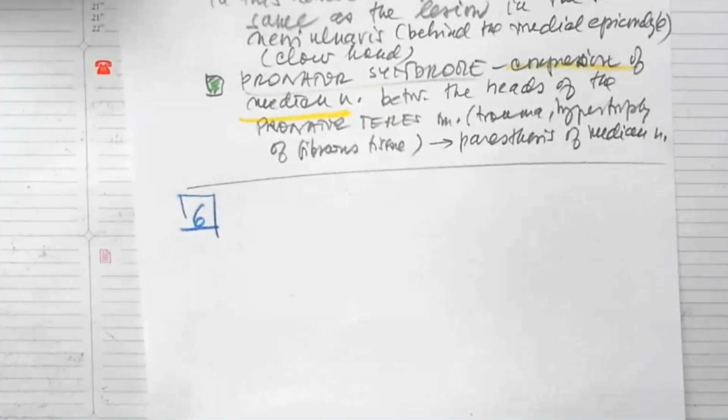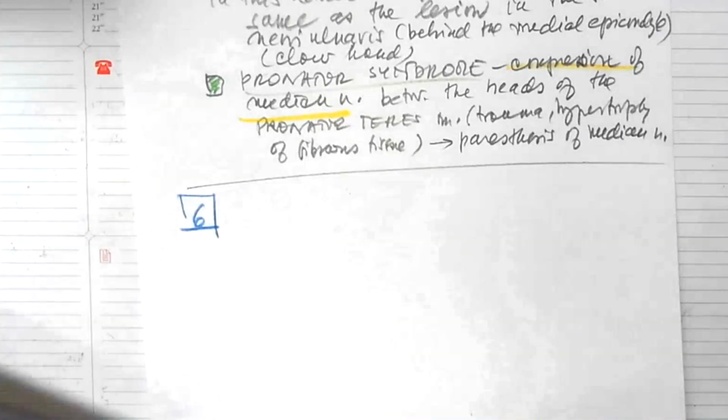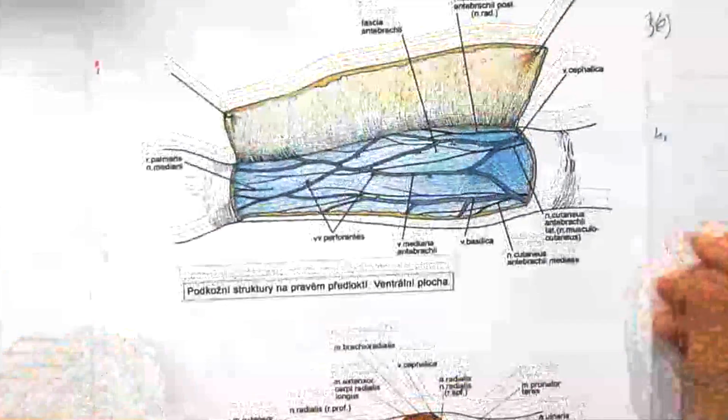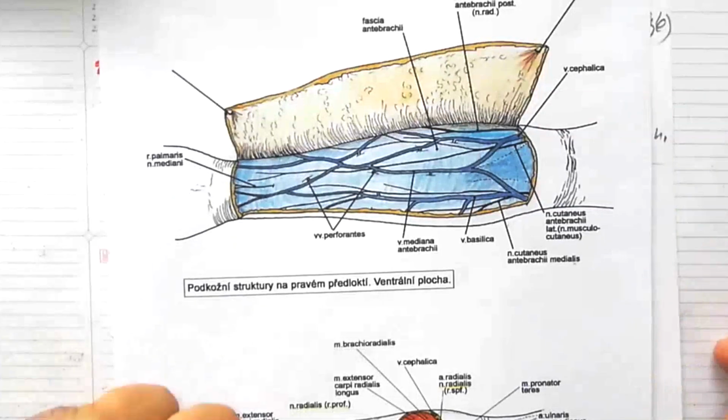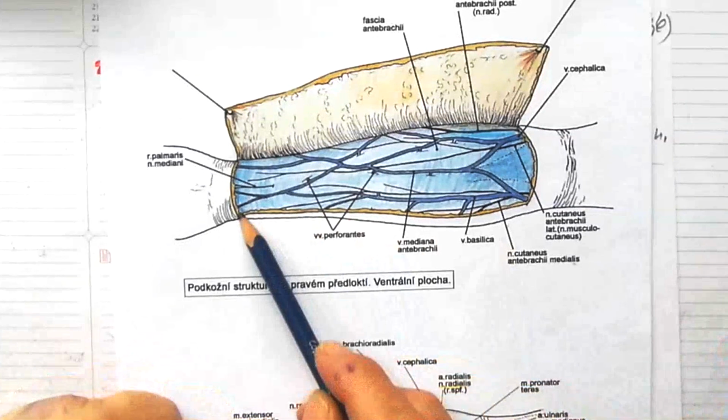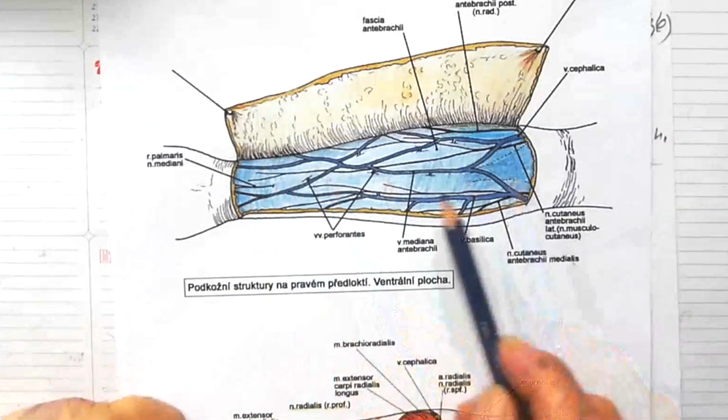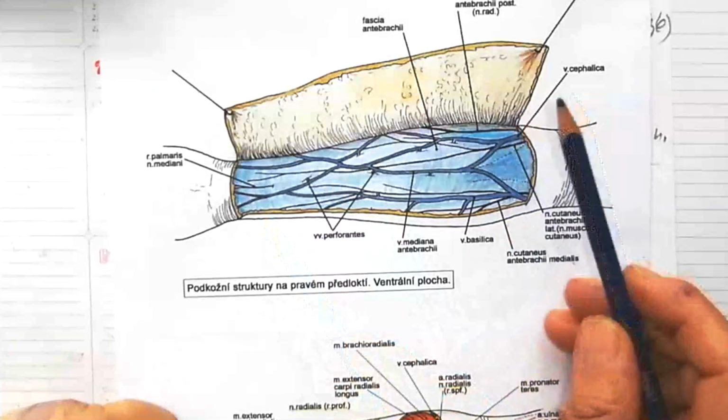Here we have the radial nerve, this was already mentioned. Here we start with the antebrachium, why not? So this is one diagram typical for the antebrachium in the situation when we cut the skin either in the median plane or more on the medial side, doesn't matter.